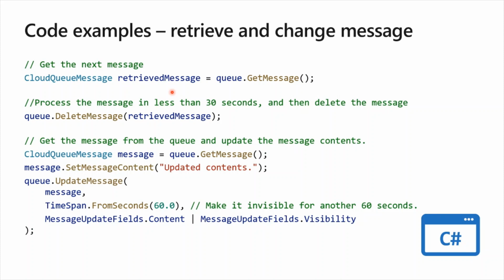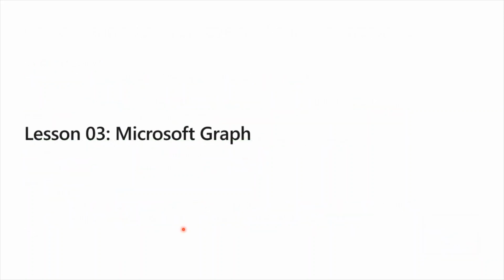So you just say queue.UpdateMessage, with the new message you got, the existing message, and a time span from seconds, for how much time, and then the visibility. Easy, right?